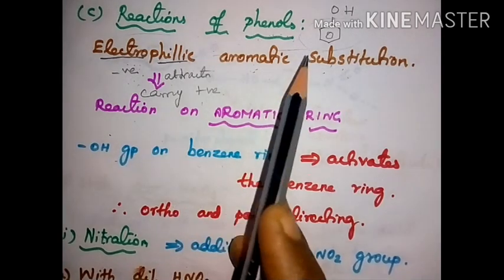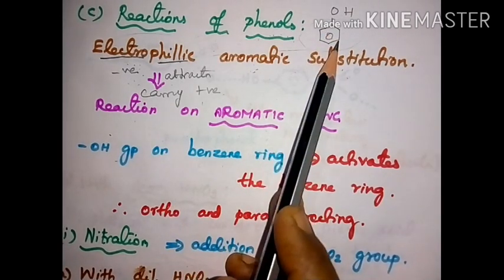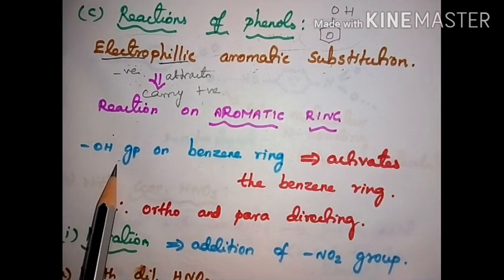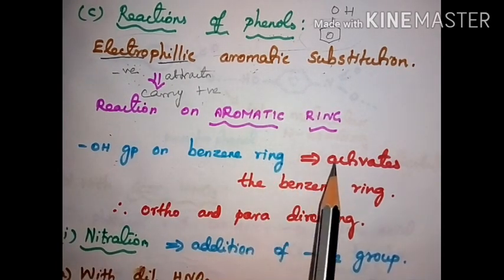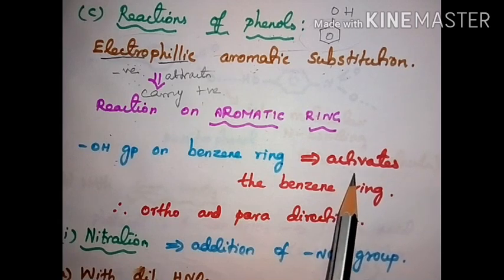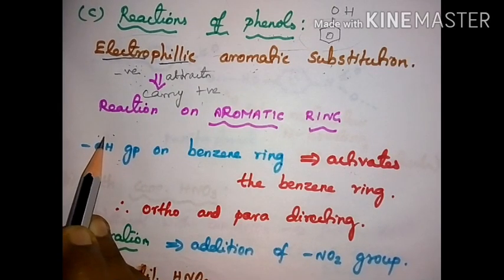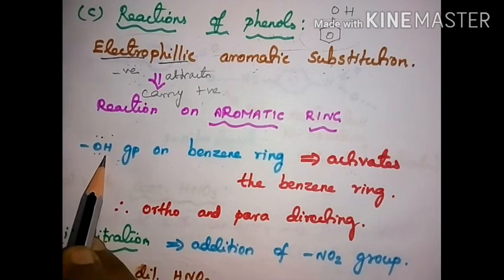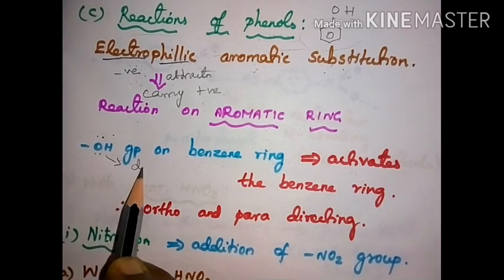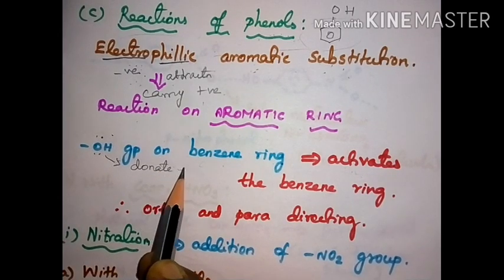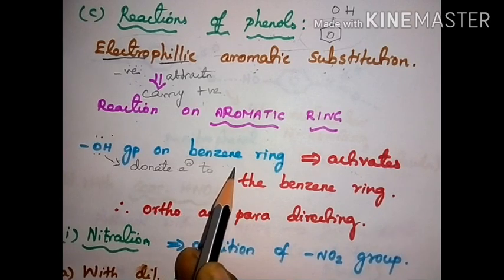Here it is OH. The OH group is directly attached to the benzene ring, no? So the OH group on the benzene ring, whether it has a tendency to activate or deactivate the benzene ring. Here the OH group carries a lone pair of electrons, so it has a tendency to donate electrons to the benzene ring.